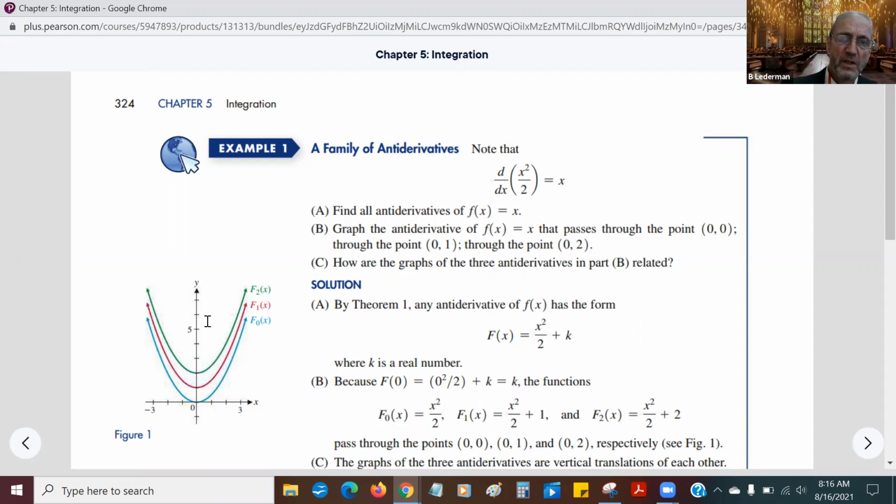Now, if you look at every single possible antiderivative, you get an infinite amount of parabolas. If I take the union, combining all these parabolas together, they would fill up the entire plane. There's not one point on the plane that wouldn't have a parabola going through it.